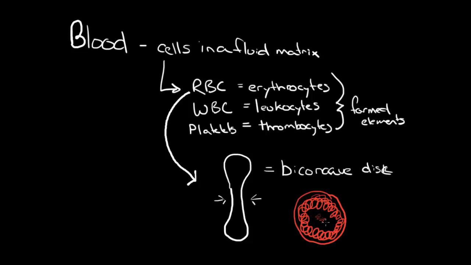And then the inside takes up stain a little bit more sparsely. There's just not as much stuff there. So it looks rather dark on the outside and less dark toward the center, and that's what we see under the microscope. So that's an example of a red blood cell. And we'll talk more about them as we progress through this class.